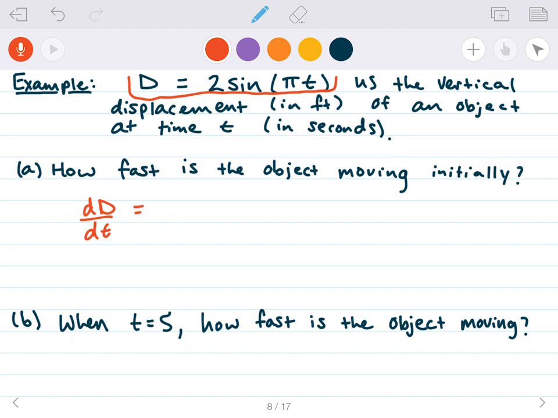And on the right, what's nice here is, well, you'll see. Okay, so 2 sine pi t. I have to use the chain rule here. So it's just going to be 2 cosine of pi t, the derivative of the outside, times the derivative of pi t, which is just pi. Okay, and now what I'm tacking on is the derivative of t with respect to t.